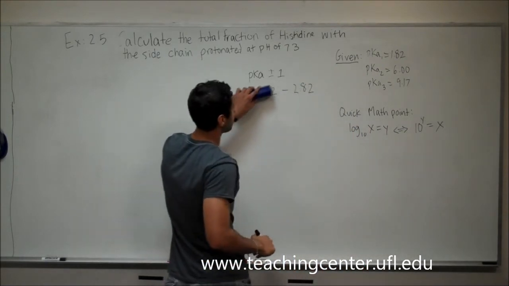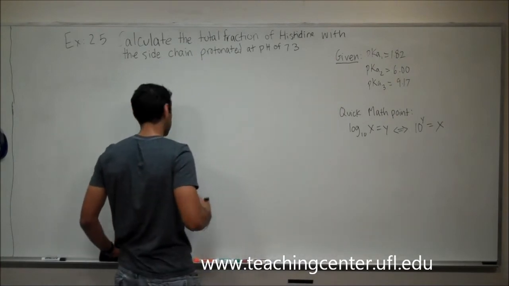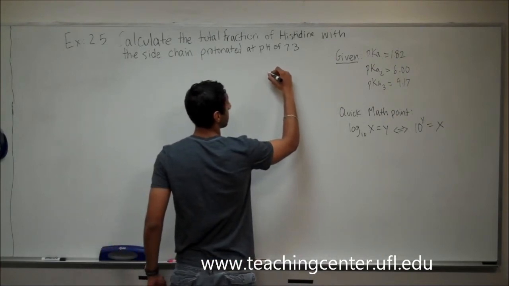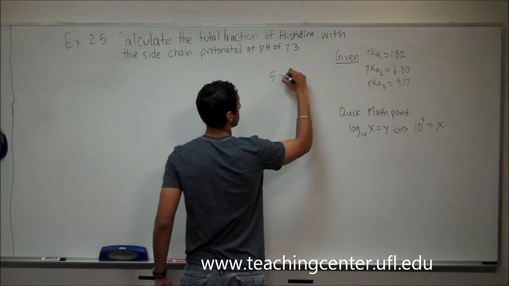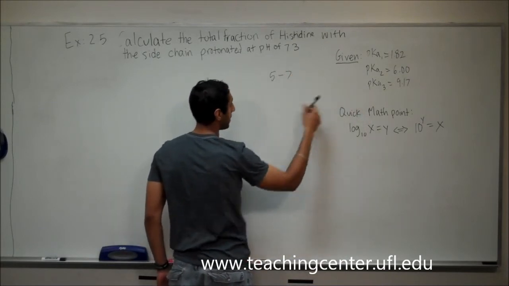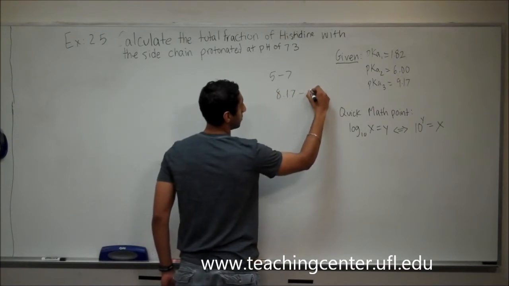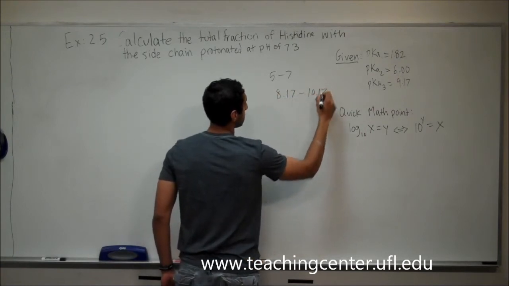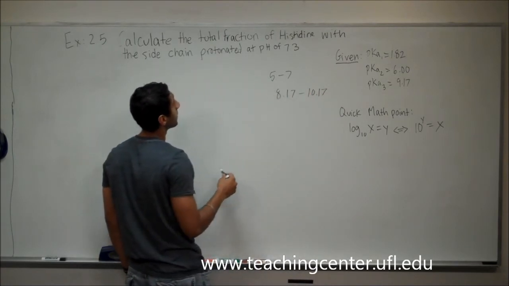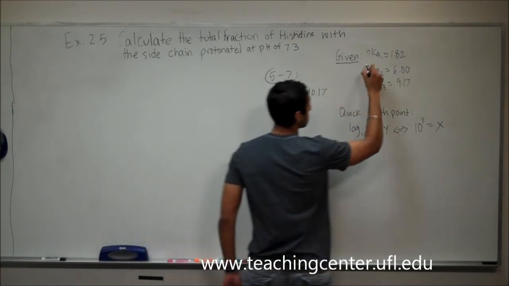So let's try pKa2 of 6. We have a range of 5 to 7. That's pretty close, considering pKa3 will be 8.17 to 10.17. So we can expect the buffering capacity of histidine to use pKa2. This is the one we're going to use.